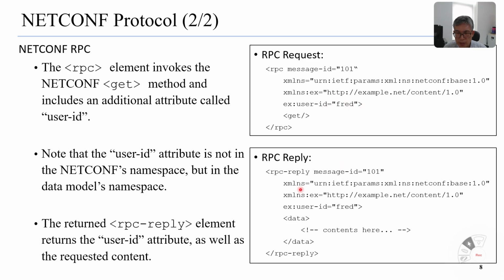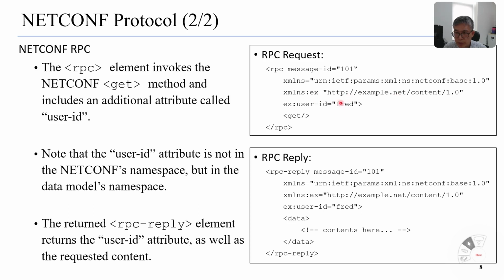And then in the RPC reply, we can get the user ID pred data here. The RPC message ID here, and the reply RPC message has the same message ID here. Also we have a namespace, XML namespace. So this is the RPC namespace, and this is an external namespace.